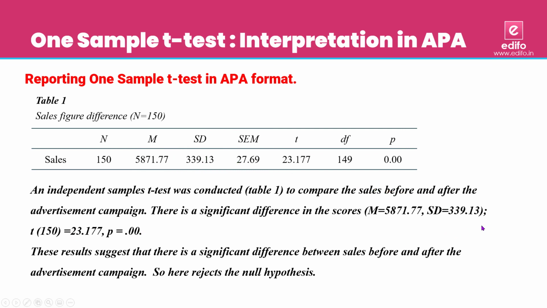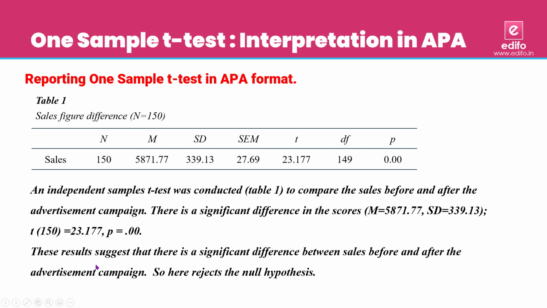Then put a semicolon. Thereafter, you have to specify T of 150 observation, T within bracket the observation equal to 23.177. This is a T value. Okay. Then comma, then P equal to 0.00. This is the standard reporting style as per APA format.